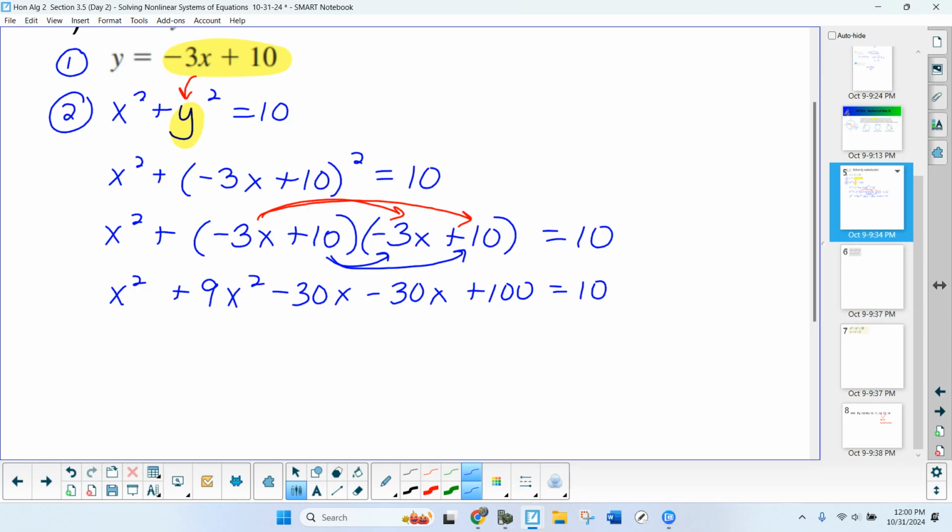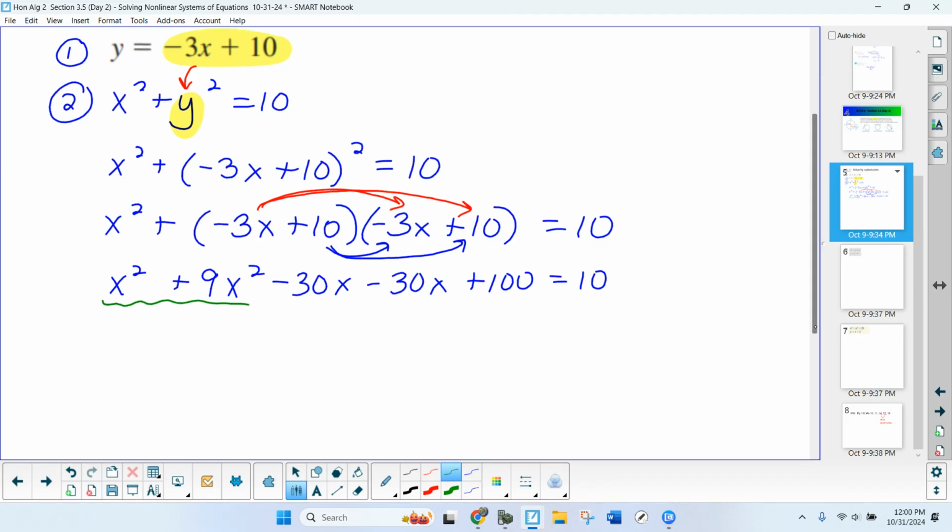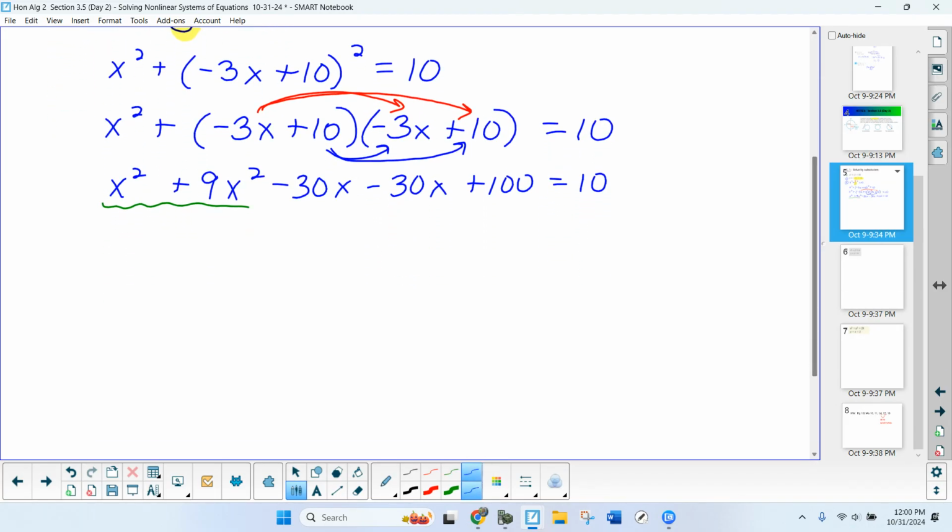All right, let's clean this up. What do you get when you put these together? 10x squared. Then negative 60x. And I'm going to subtract the 10 over at the same time, so you get positive 90 equals 0.